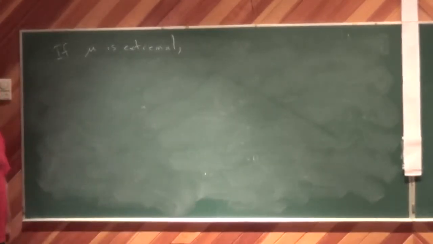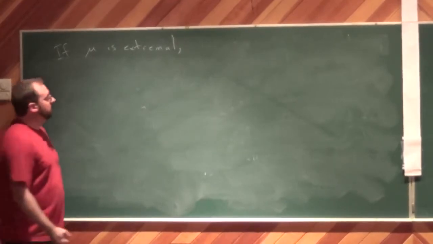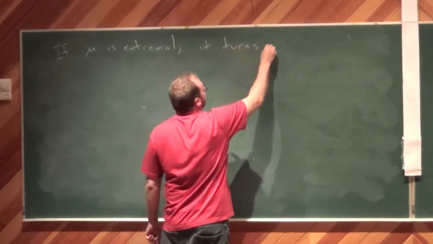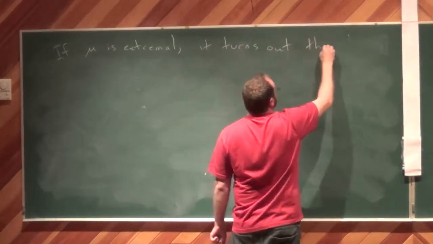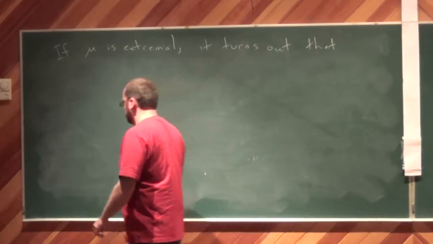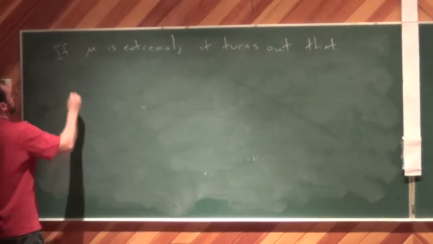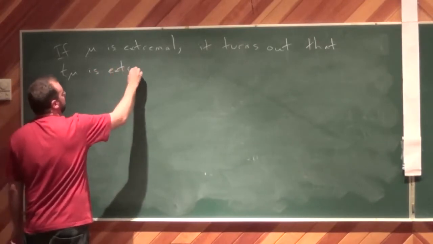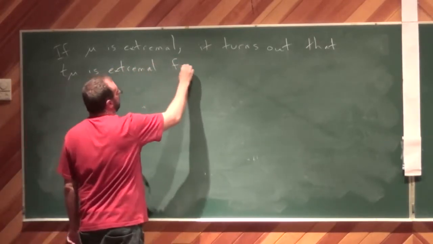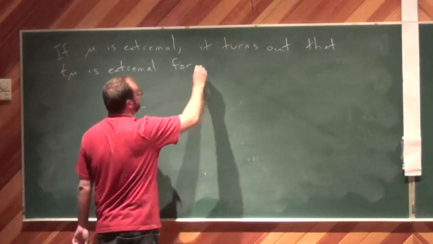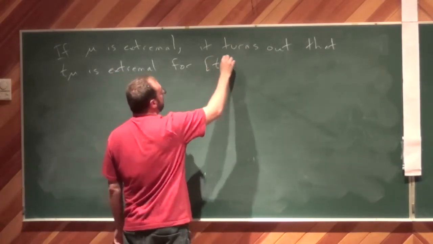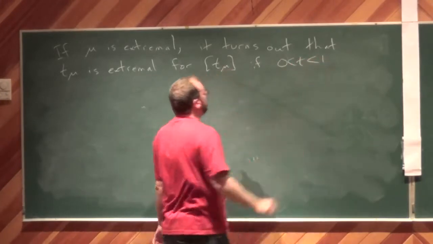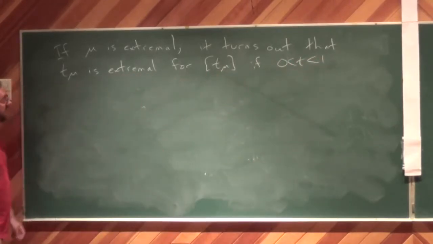Suppose we start with an extremal mapping. Well, it turns out that t mu is extremal for its class, the class of t mu, as t runs between 0 and 1.